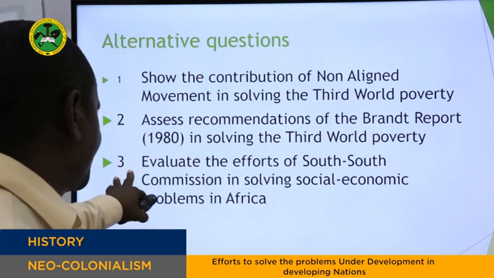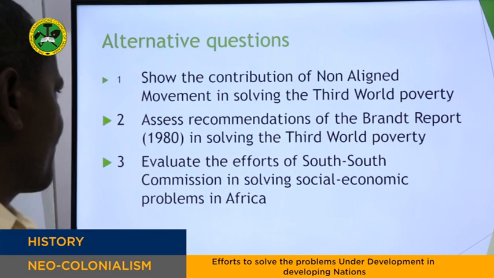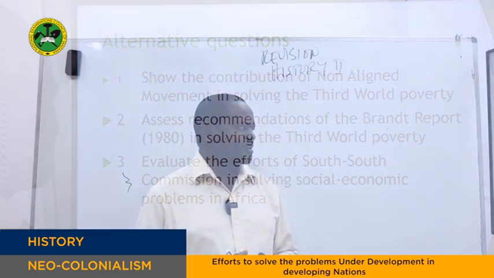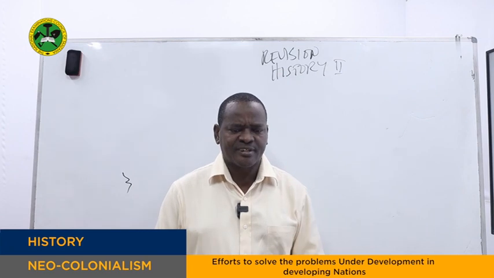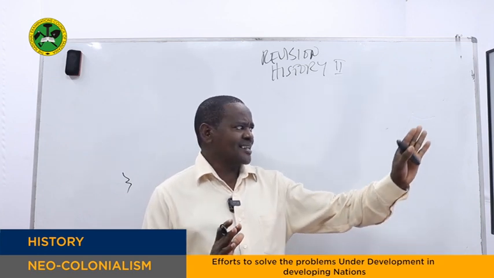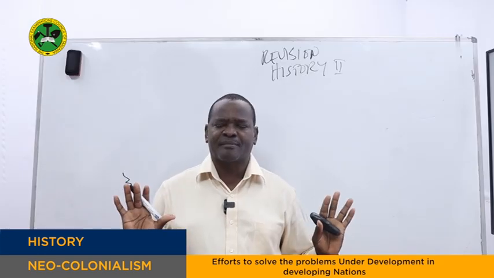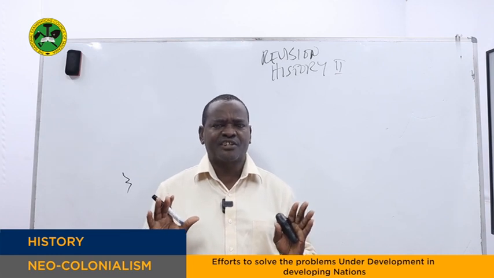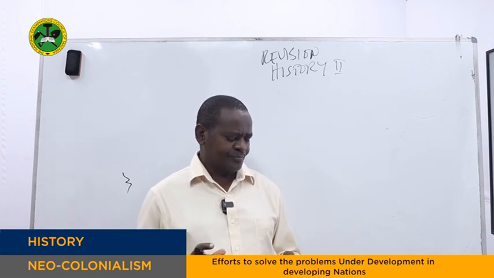And our third question is: evaluate the effort of the South-South Commission in solving the socio-economic problems in Africa. Make sure you are able to attempt these questions, together with other questions related to this topic that you will find in your examination.